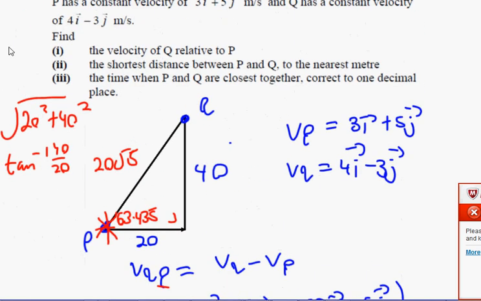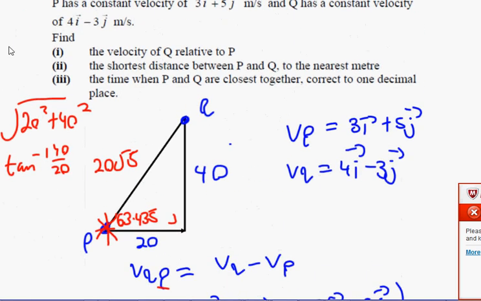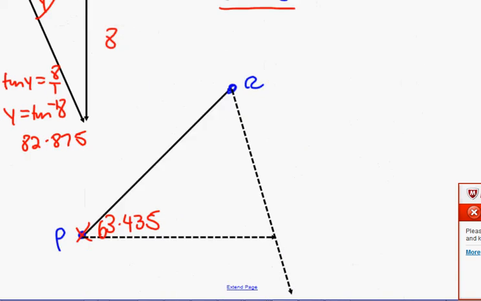And it says shortest distance. Now, do you know what the problem is with that? We actually don't know that that's 63.435 because it has to be perpendicular, like so. So that 63.435 information isn't going to apply here.